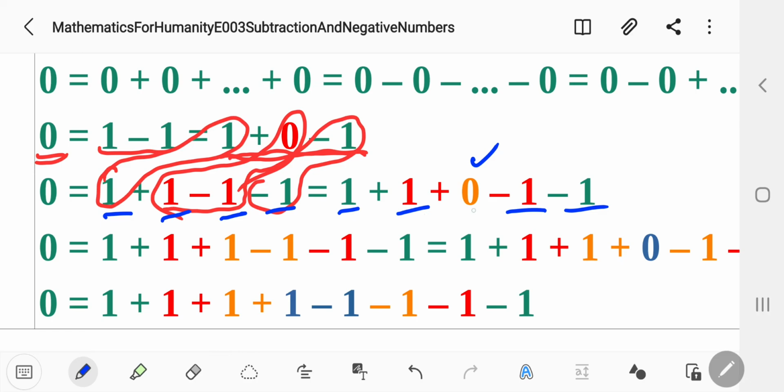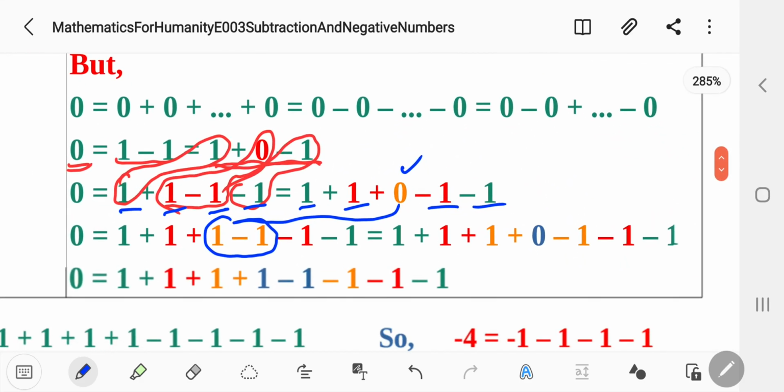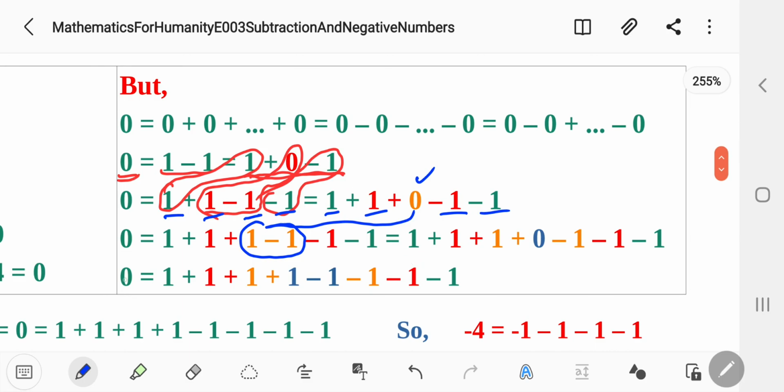But you can write this 0 as 1 minus 1 again here. So you have now 3 ones again, and you have 3 minus 1s here, or negative 1. So this one is still equal to here.